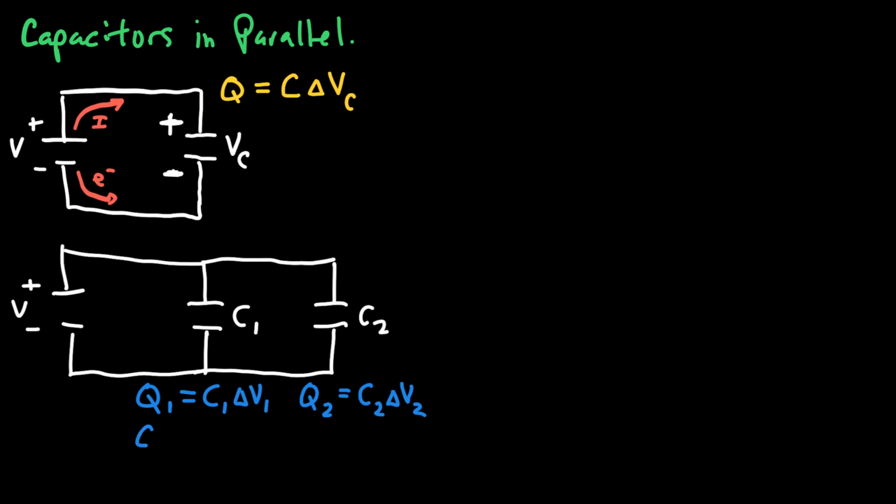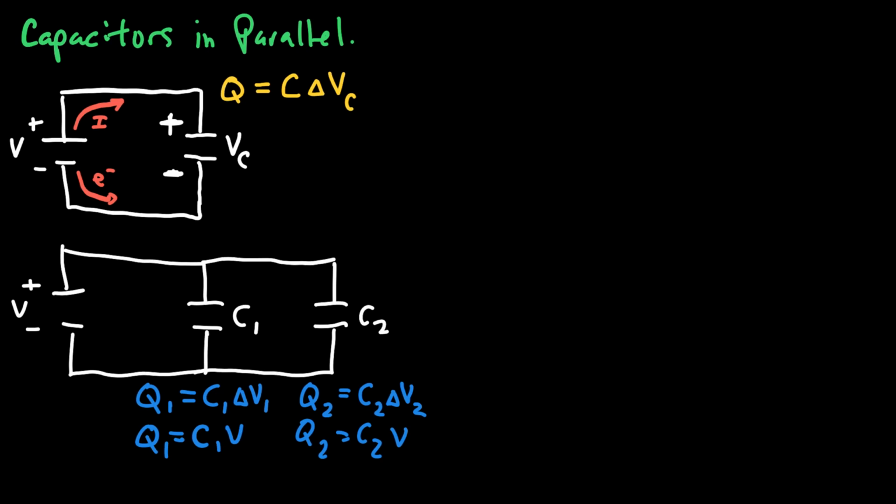So Q1 is not just equal to C1 times delta V1, but it's also equal to C1 times the voltage of the battery, V. And the same thing applies for Q2. Q2 is equal to the capacitance C2 times the voltage of the battery, V.